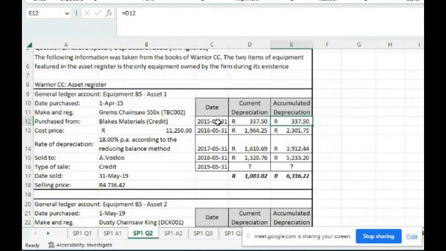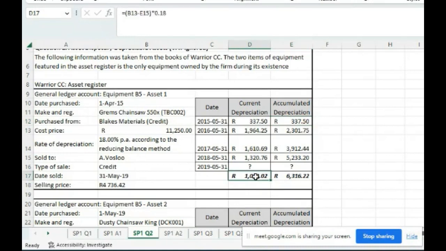Here we see that year end is 31 May. And we see that in 2019, this chainsaw is sold on the 31st of May, which makes it easy because it now means that we don't have to only depreciate it for a number of months in the year. We can depreciate it for the full year because it is sold at the end of the financial year.